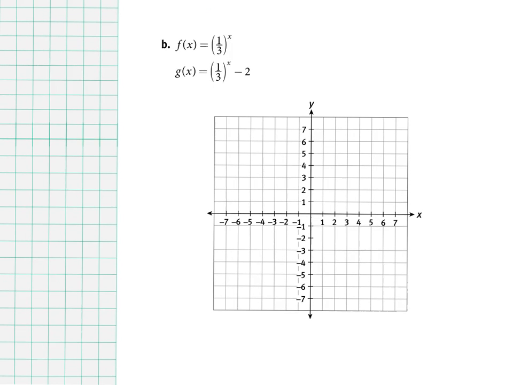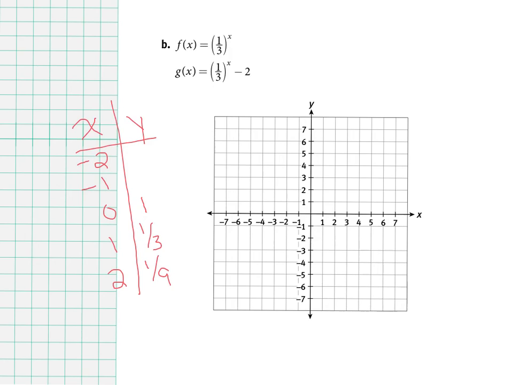Now let's investigate what changes when instead of adding or subtracting with the x, we do it at the end. So let's start with that parent function, 1/3 to the x. You're welcome to put it in the calculator if you need to, but my initial value is going to be a 1. 1/3 to the first power would be 1/3. 1/3 squared would be 1/9.